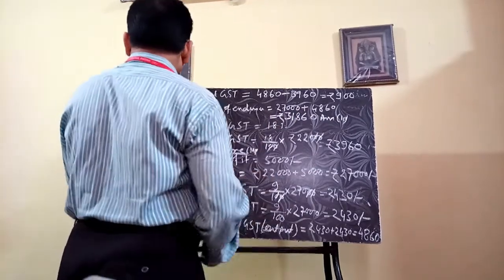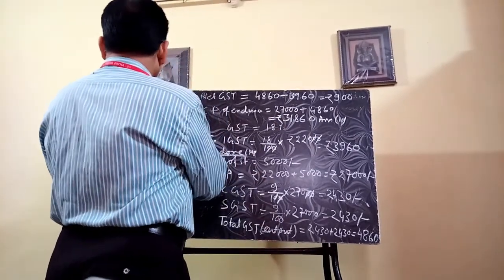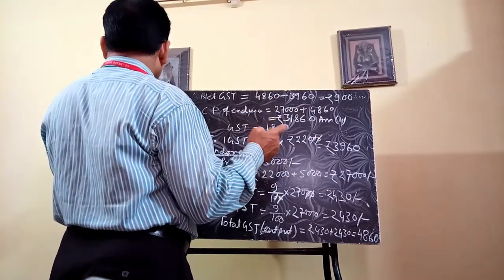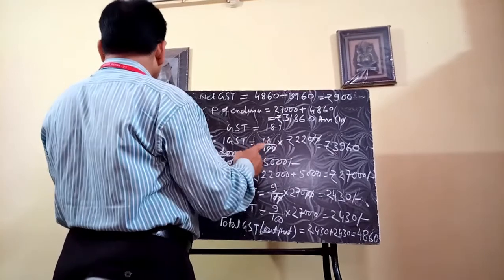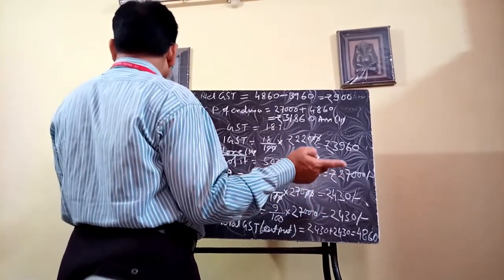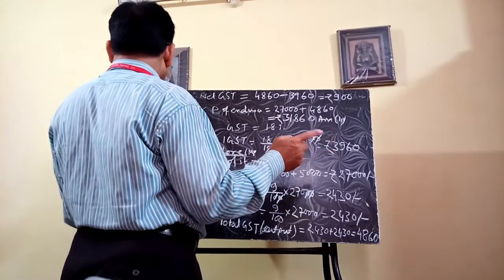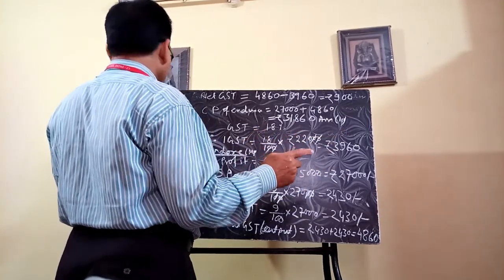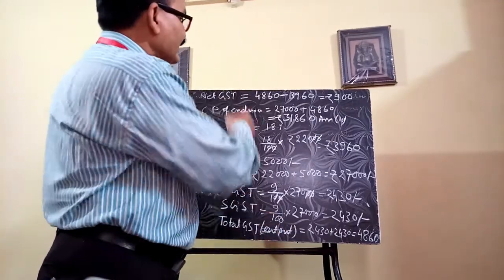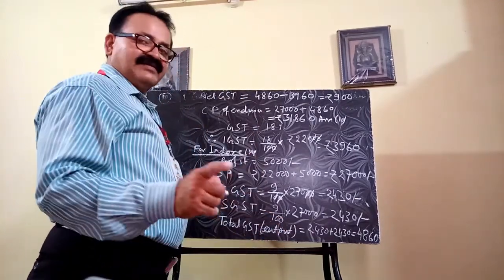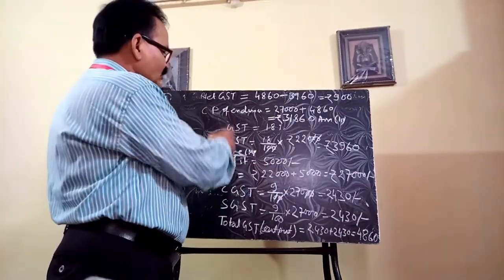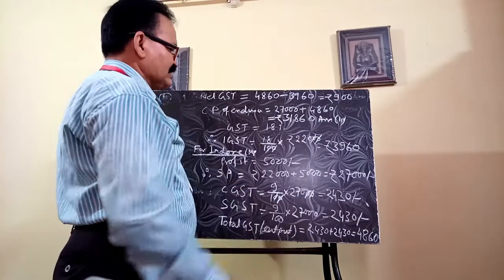In the question, this watch is sold with the profit made by the Indore dealer, and the last purchaser is the customer. Customer is from Gwalior. Gwalior is also in MP, and Indore is also in MP. So here GST is to be divided in two categories: one is CGST and the other is SGST.